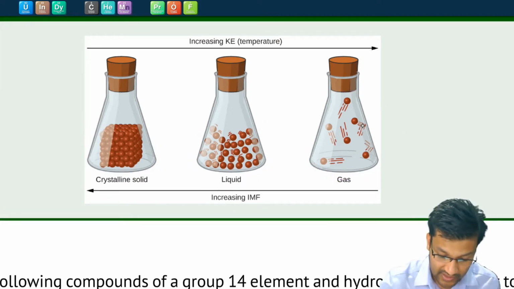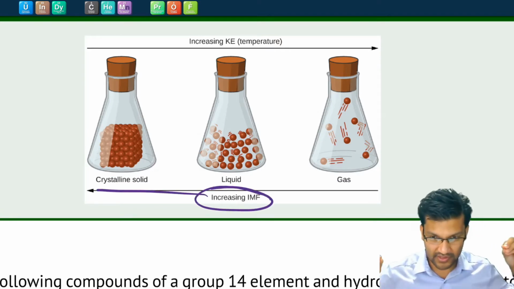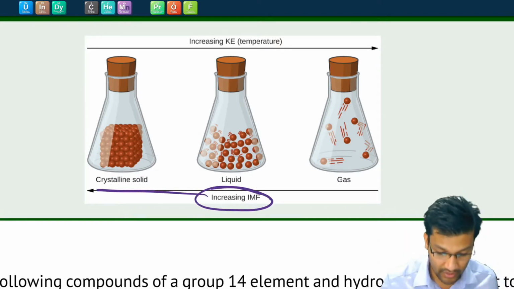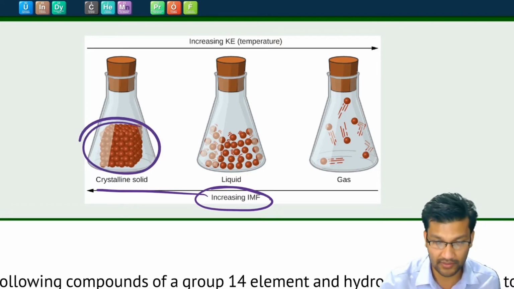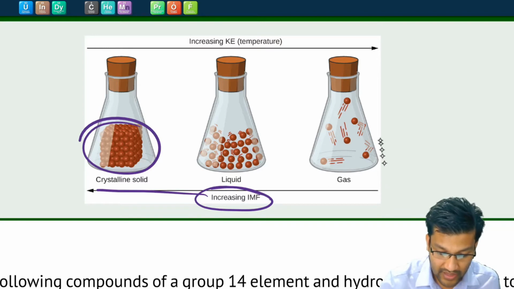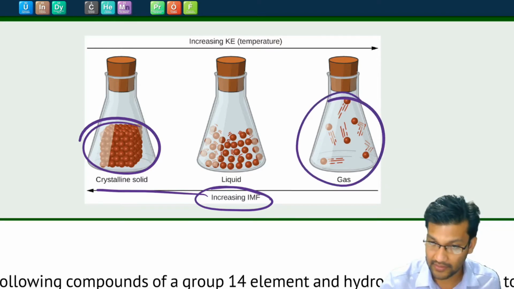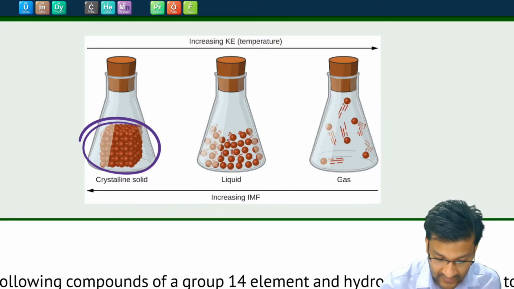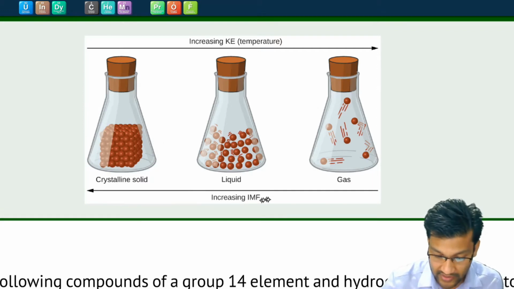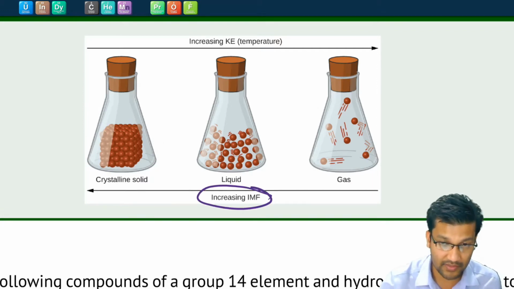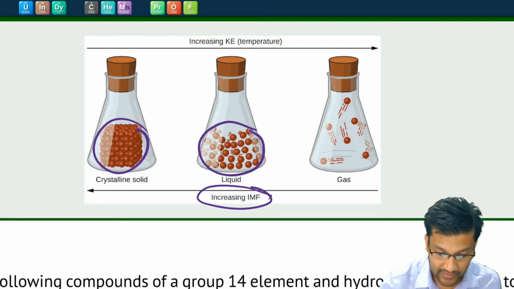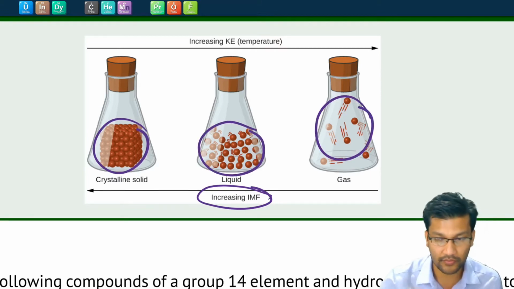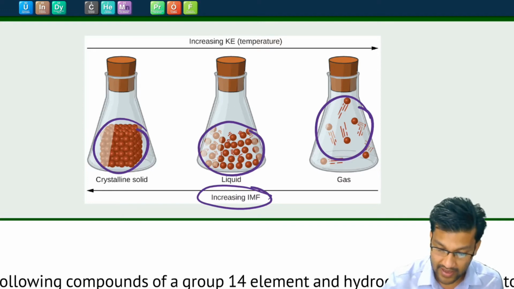So as you would suspect, as the intermolecular forces increase, remember, intermolecular forces are the forces holding two different molecules together, you're going to tend to form solids. If the forces are weaker, you're going to tend to have gases. So understanding what intermolecular forces exist in molecules will help us understand whether they're going to be solids, liquids, or gases, or even what their boiling points will be.